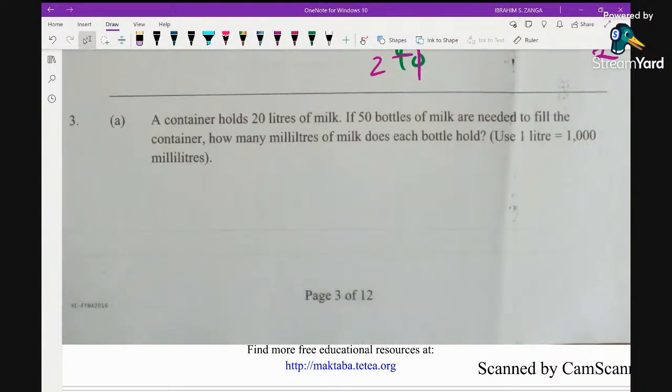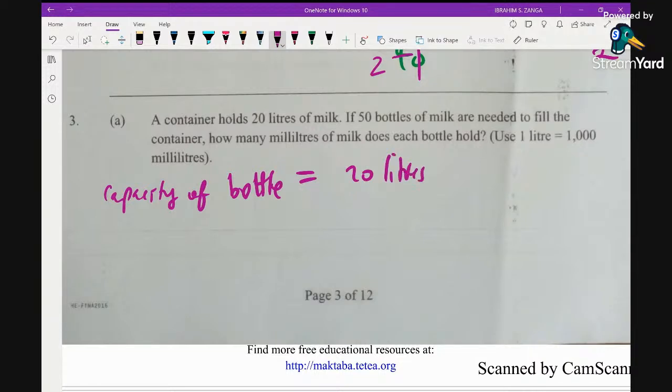So first of all, we are going to check the capacity of the bottle. For the capacity of a bottle, we take 20 liters divided by 50, and you get 2/5 liters per bottle.